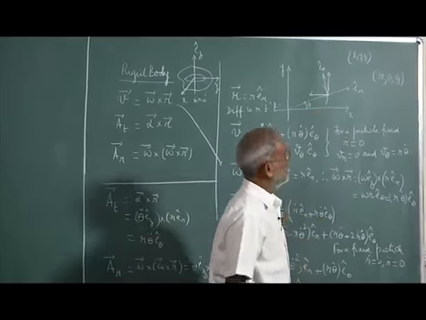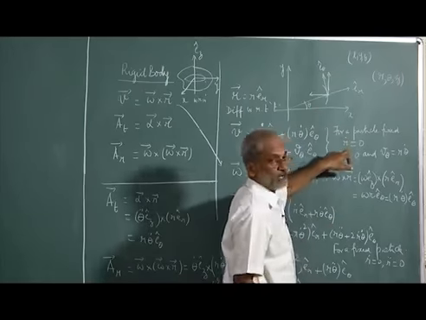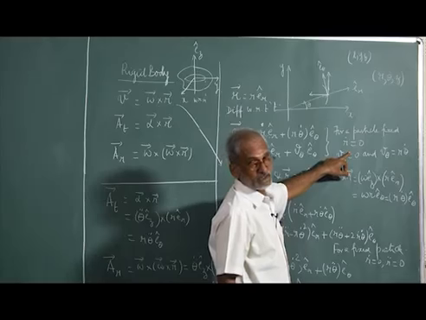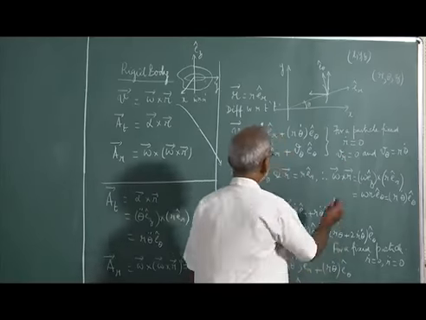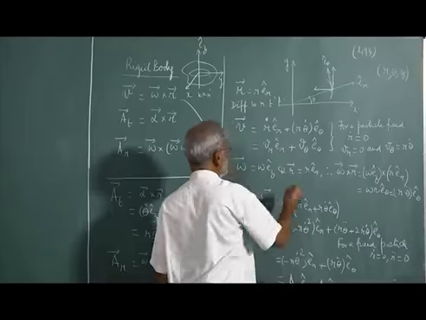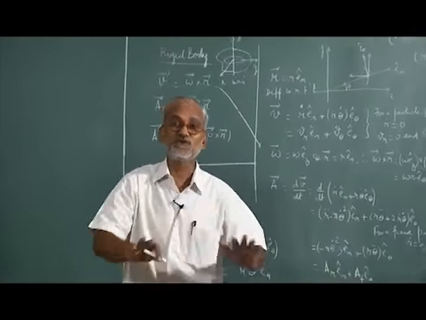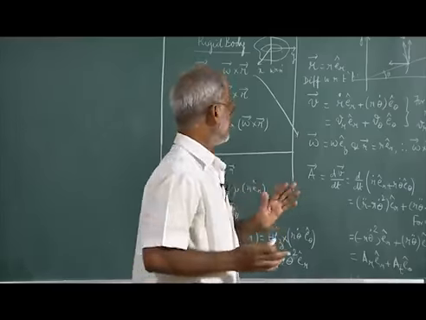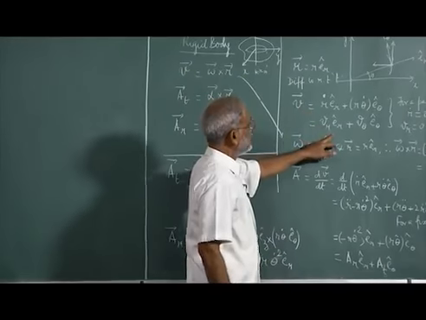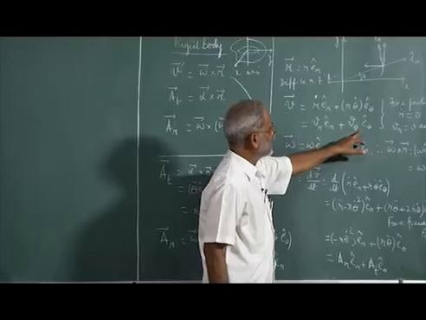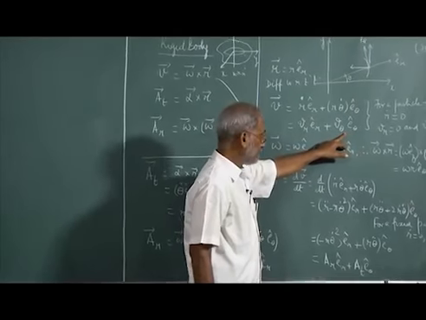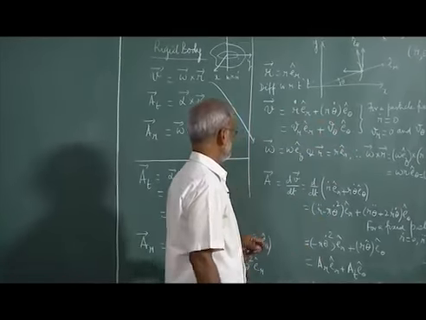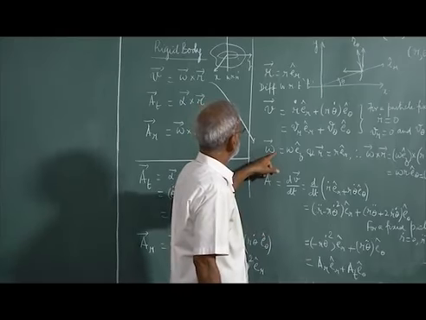Once I fix r, r dot is 0, the radial velocity is 0. For a rigid motion, you consider a particle which is fixed, radial velocity is 0, but the angular velocity is not 0, fine.